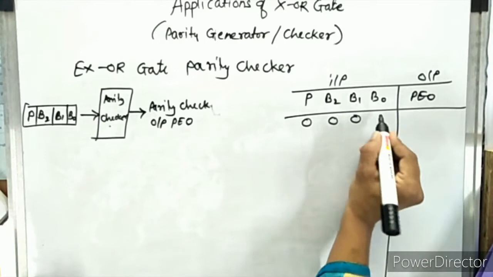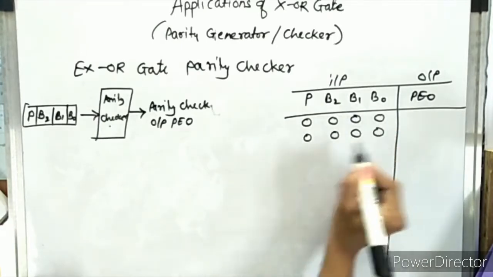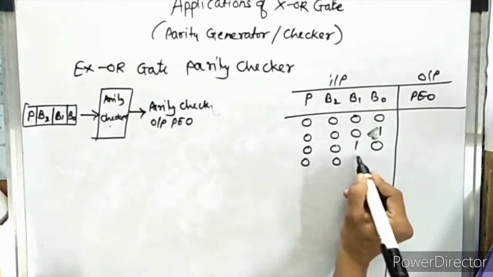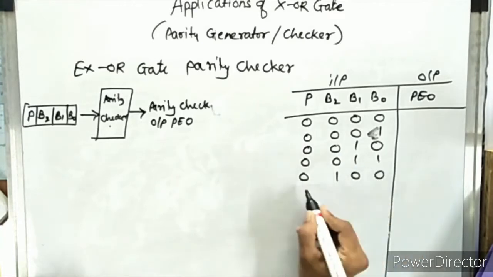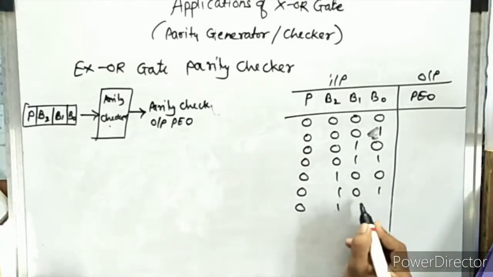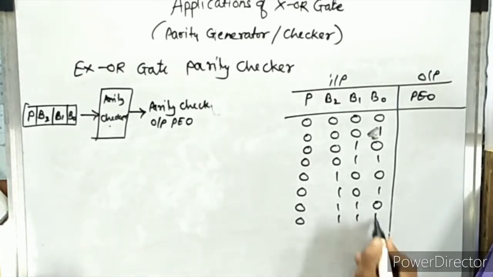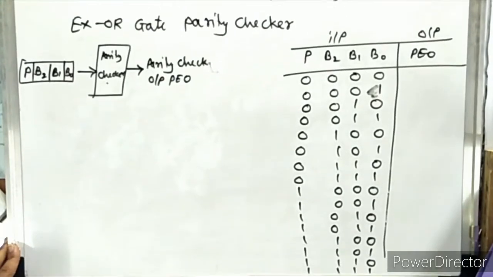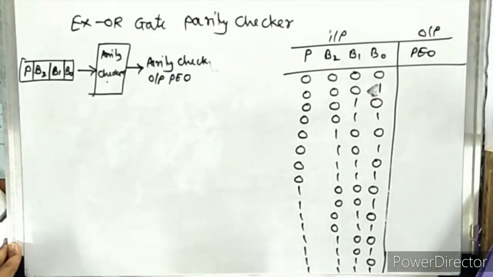So here are the different combinations for this 4-bit input: 0 0 0 0, 0 0 0 1, 0 0 1 0, 0 0 1 1, 0 1 0 0, 0 1 0 1, 0 1 1 0, 0 1 1 1, and so on up to 1 1 1 1. Okay, these are the different combinations of the 4 inputs.